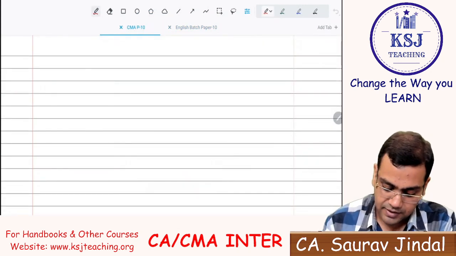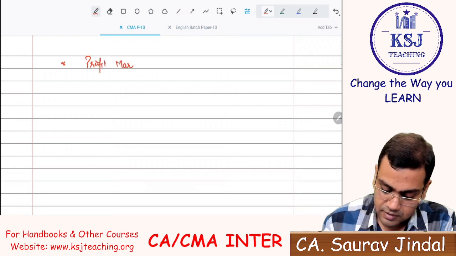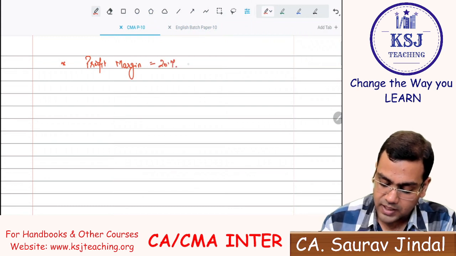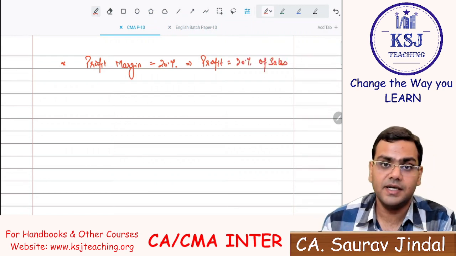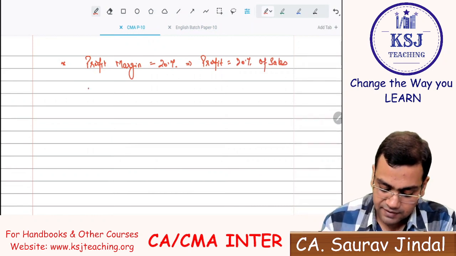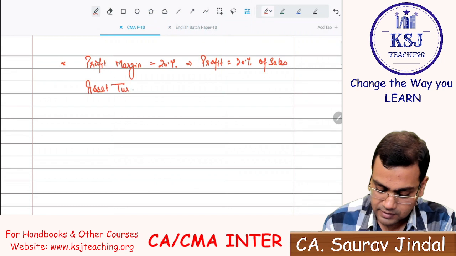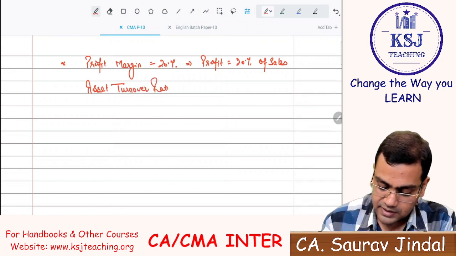Let's see. I'll explain here. You are given 2 things basically. One, he says the profit margin is equal to 20%. That means the profit is equal to 20% of sales. The second thing that is given is the asset turnover ratio, that is given as 3.